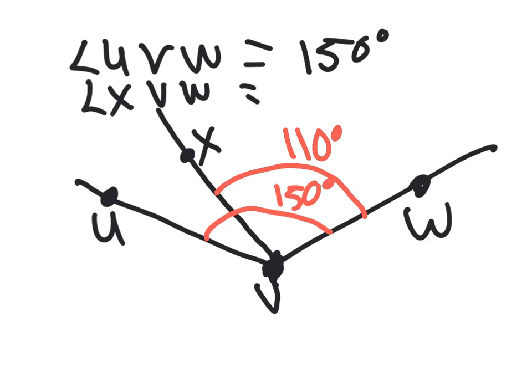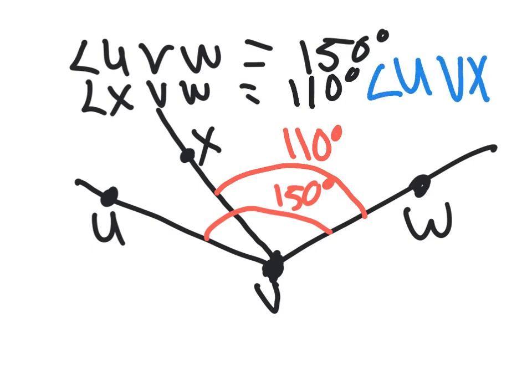I keep forgetting my degree mark. I apologize. Okay, so XVW measures 110 degrees. I'm going to ask you to pause the video and give me the answer for angle UVX. Okay, this angle right here.